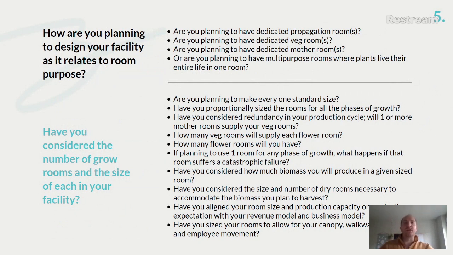The mechanical engineer that I really like to work with often suggests that we have 18 inches or more headspace at the top of the room, as well as space around the sides of the room and the canopy, so that we can have adequate airflow and we're not just trying to force everything through a really tight canopy.